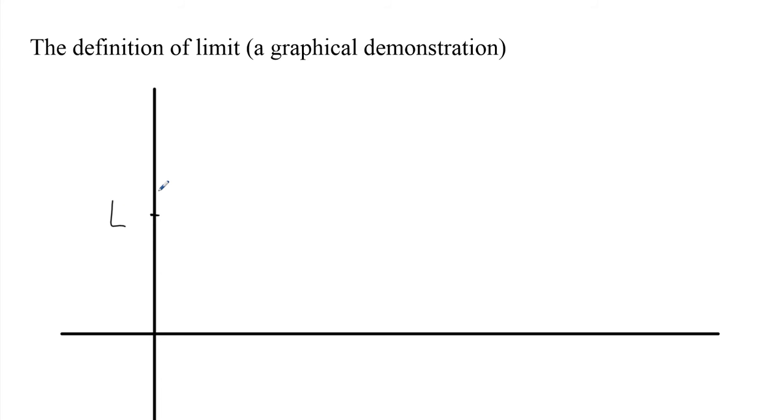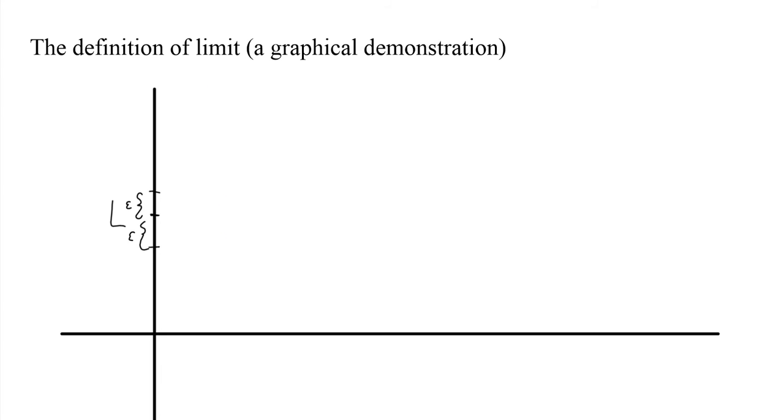And we set some positive value, epsilon, like this. That's epsilon distance away from L. So let's just erase this little bit right there and say that is also epsilon distance away.